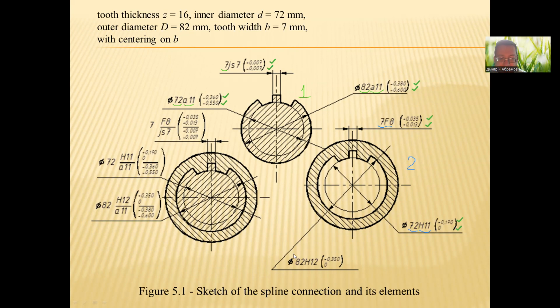For the outer diameter 82 and tolerance field H12, we can find that the upper limit deviation is equal to plus 0.350 and the lower limit deviation is equal to 0.